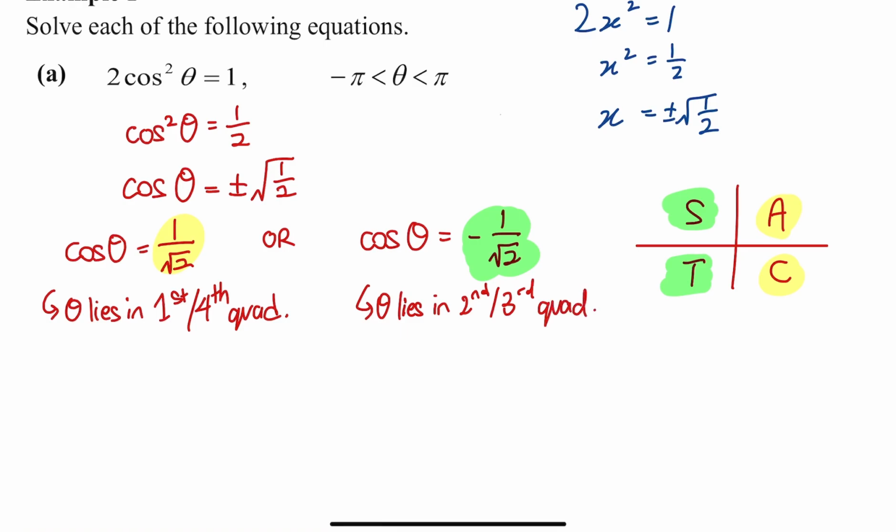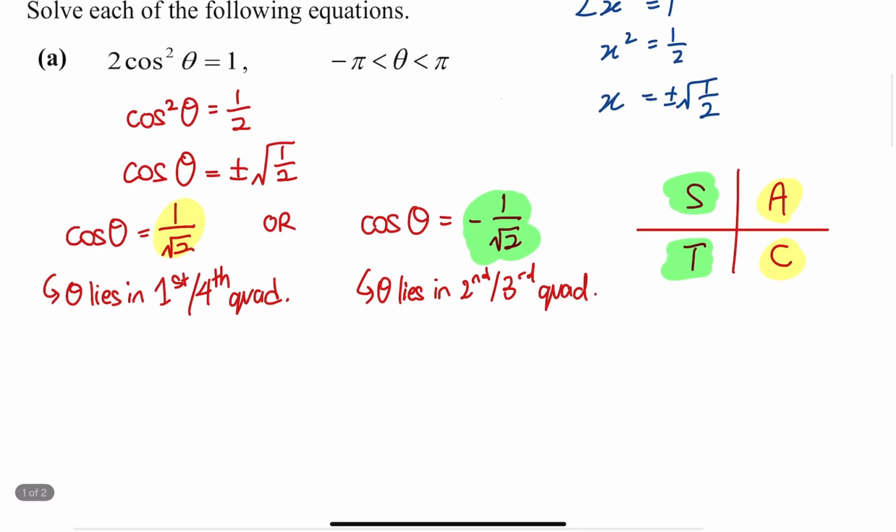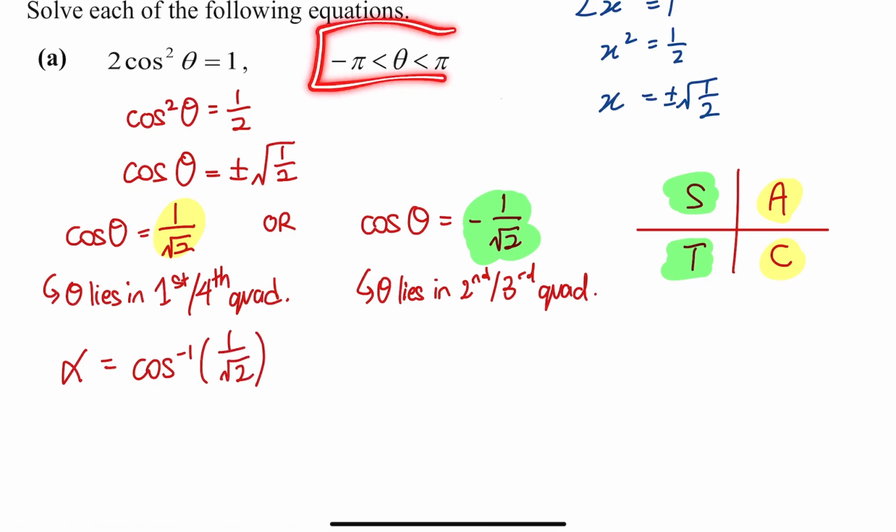So from here, I can now find the reference angle once I've identified the quadrant. Alpha equals cosine inverse 1 over root 2. Take note that this question is in radian measure, and you should also recognize that 1 over root 2 is a special angle. If I take cosine inverse 1 over root 2, I will get 45 degrees, but since this is in radian measure, it is equivalent to pi over 4.